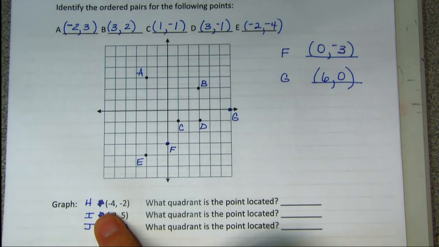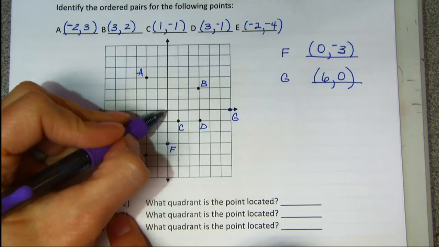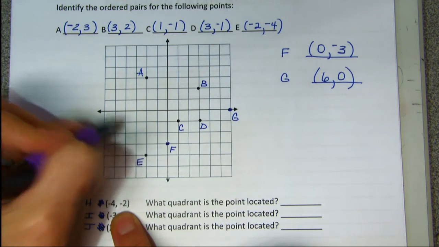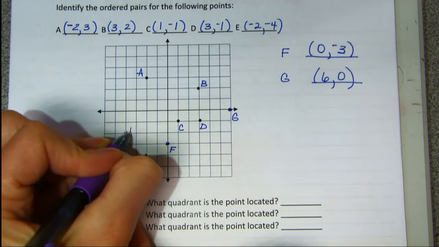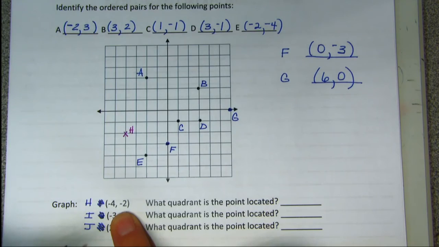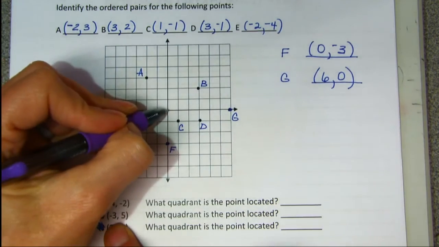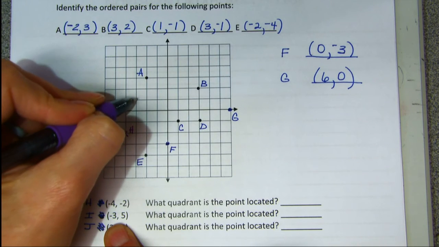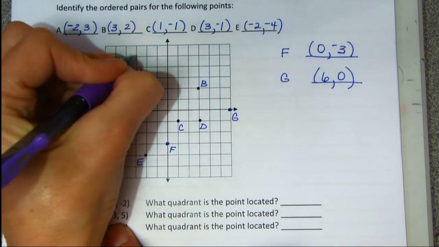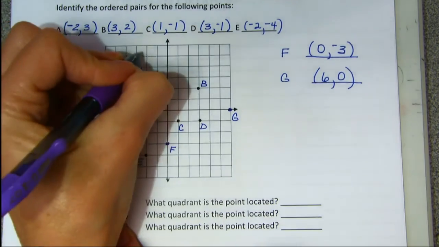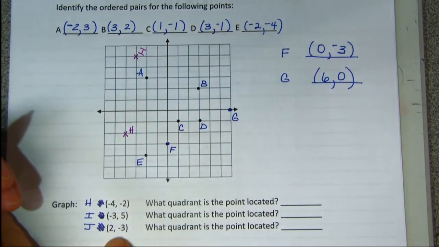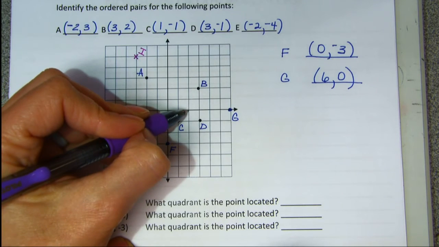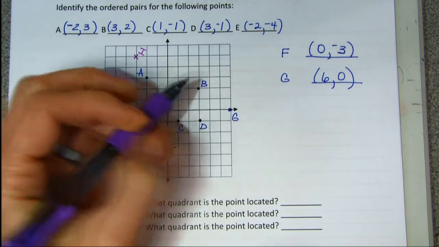So if I located H, negative 4, 1, 2, 3, 4, negative 2, 1, 2, there's H. I, to the left 3, 1, 2, 3, up 5, 1, 2, 3, 4, 5. And then J, start at the origin, positive 2, 1, 2, negative 3, 1, 2, 3.